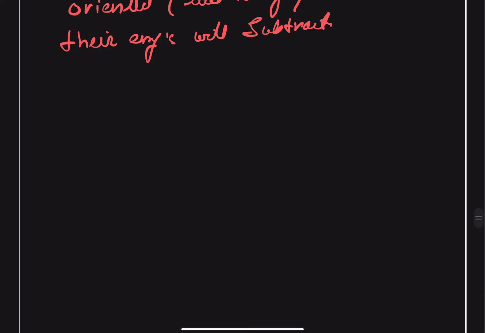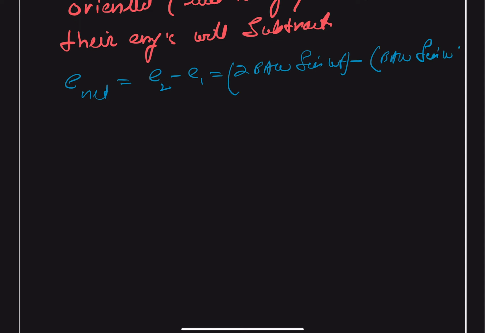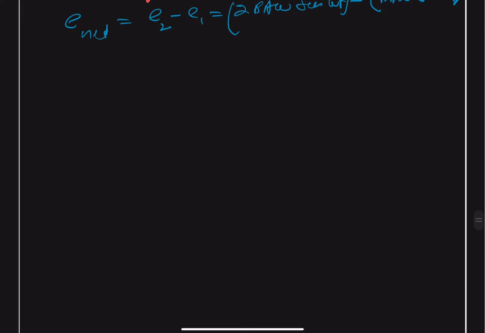Therefore, we can write that our net EMF will be equal to E2 minus E1. So this becomes 2BA omega sine of omega t minus BA omega sine of omega t, and we get E net is equal to BA omega sine of omega t.